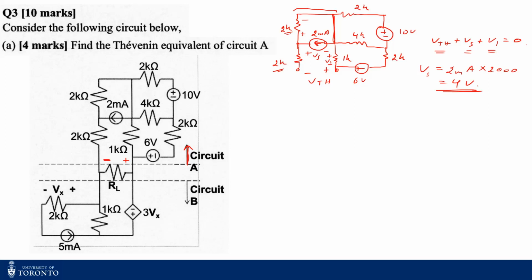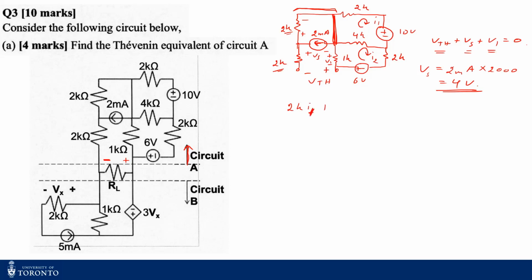If I'm just looking for V1, and since this is short circuited, I can exclude this part for my analysis. So now I'll have just two loops. I'll apply mesh analysis. I'll consider this to be I1 and this to be I2. Then I'll write my mesh equations. For loop 1, I'm assuming my I1 is greater than I2.